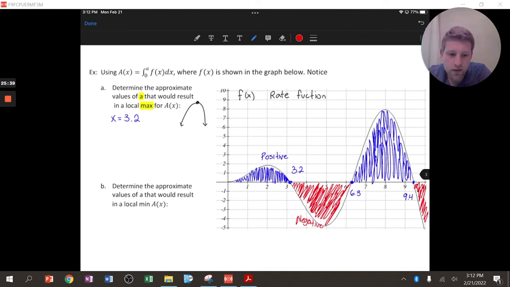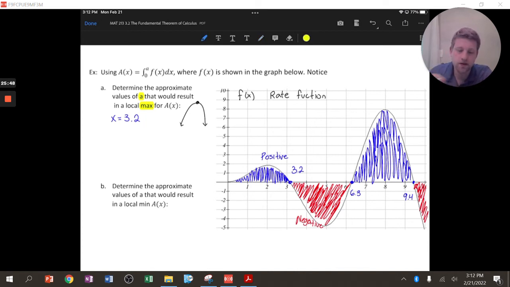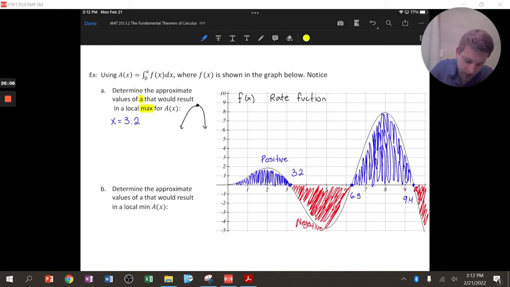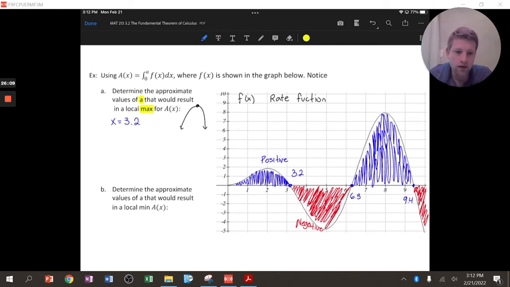So if I was to look at another point in which we might have a maximum area accumulated, it looks like right after this big blue section, another positive section at 9.4, that's another point in which we will have a local maximum of area accumulated so far. We've passed through the negative portion. We've accumulated all the positive area we can by 9.4, and we're only going to accumulate negative area after that.